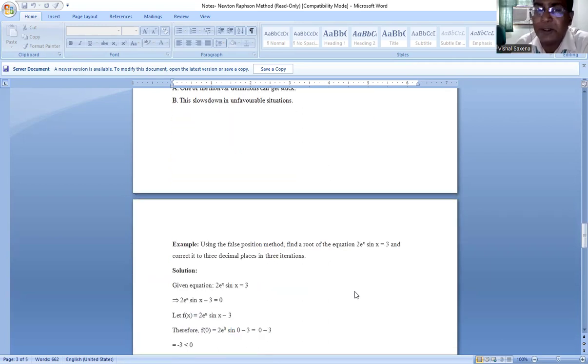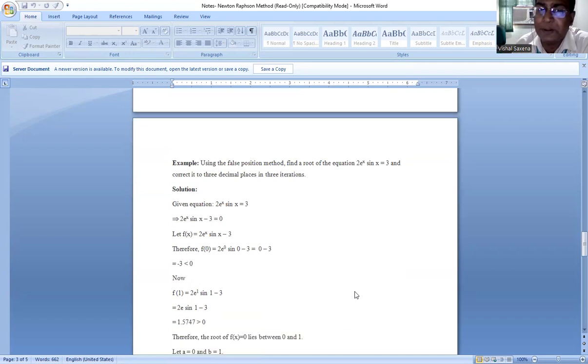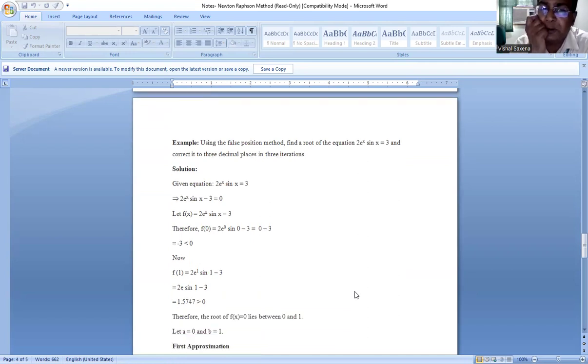Now we take one example to explain this. Using the false position method, find the root of the equation 2e raised to the power x into sin x minus 3 equal to 0, correct to three decimal places.